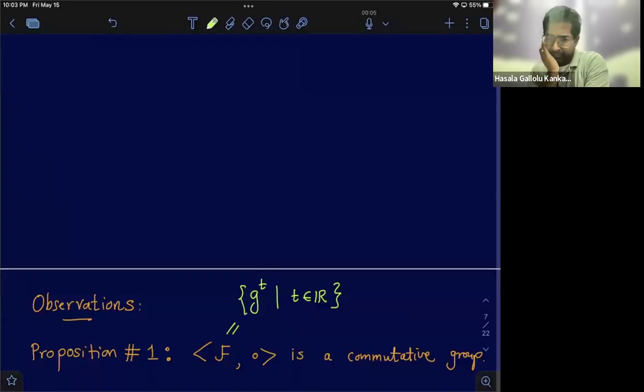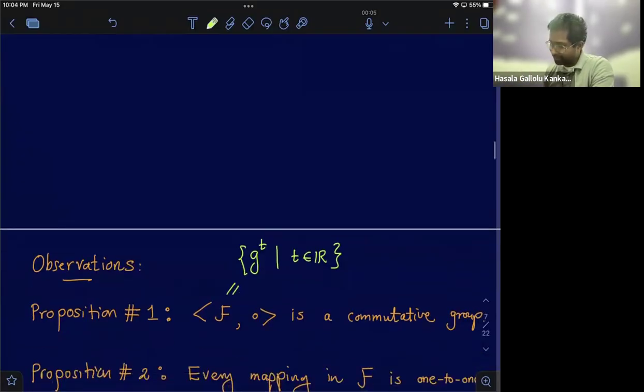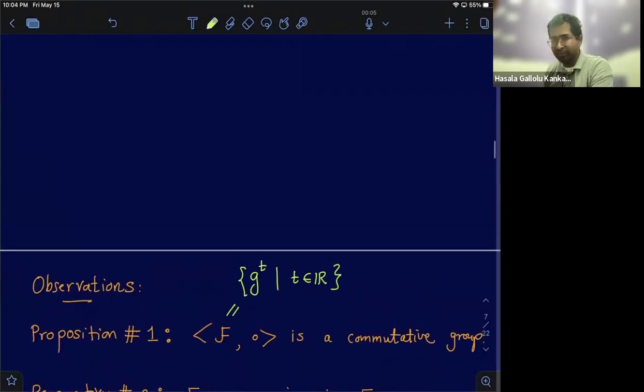So this set, together with the function composition, which you can just indicate by a dot, you're going to see this particular algebraic structure is going to be a group. Now, some of us may not have the background of abstract algebra to know what a group means.